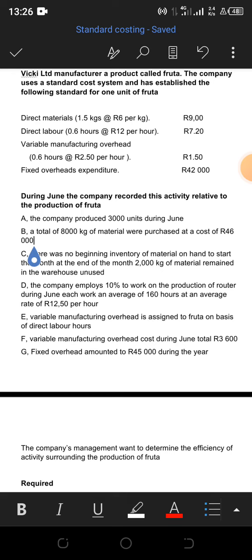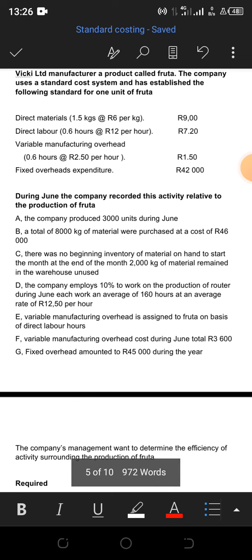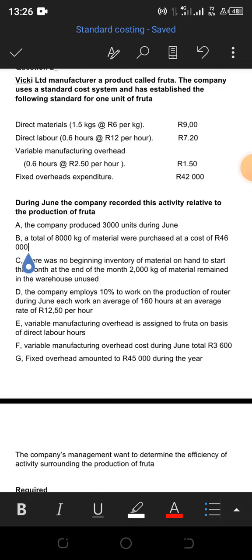Remember, on the information we have, we have not been given the actual rate and actual hours, which means, as I said, if you are not given something, you have to focus on the production. On number F, they say the variable manufacturing overhead cost during June is a total of 3,600. So we go to the production, where they give us 3,000. Then they say the variable manufacturing overhead is 0.6 hours, so we multiply by 0.6 hours and get 1,800.